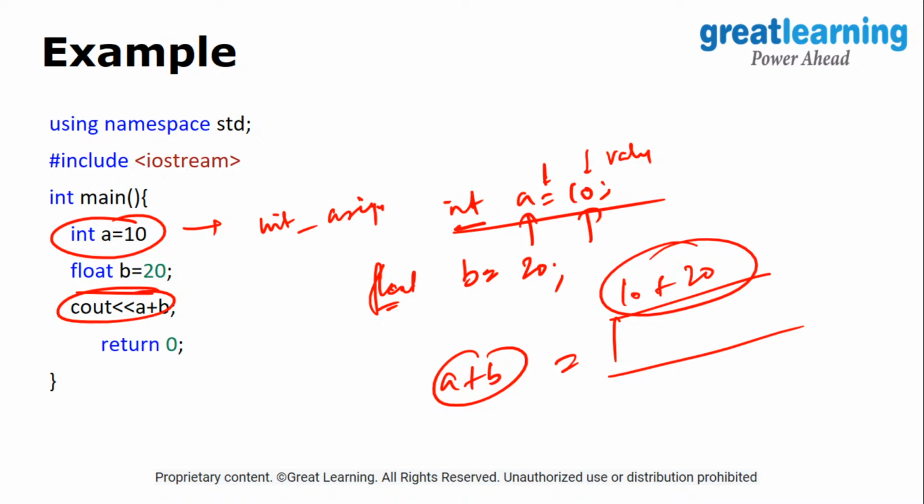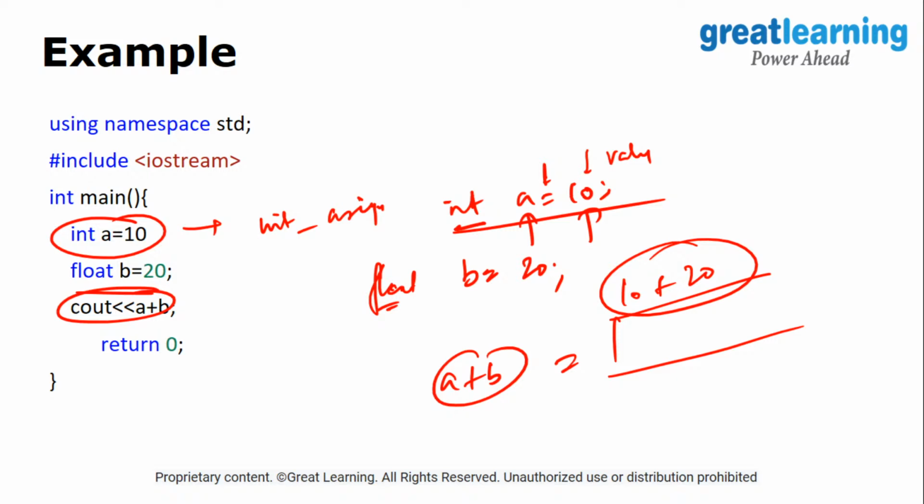Arup says 30.00. Ashwini Rajput says 30. Any more guys? Anyone else can answer this question? You need to keep one thing in mind, yes, 30.0.